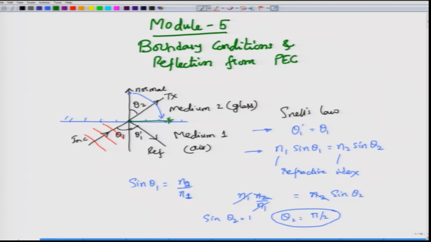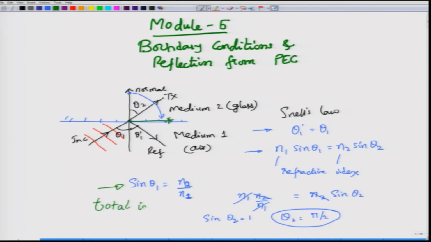This phenomenon, where the angle of incidence is chosen in a certain manner, given by this expression, such that the corresponding transmitted light propagates parallel to the interface, is called total internal reflection.